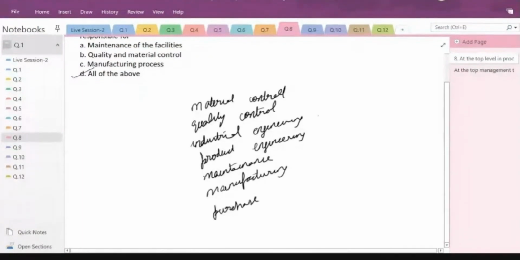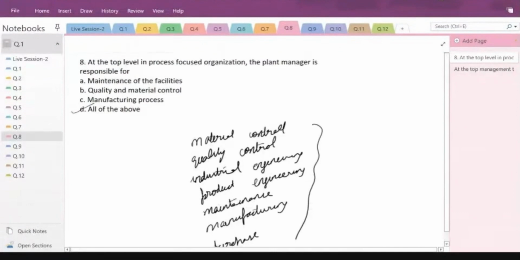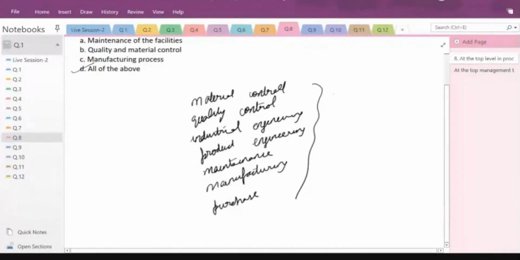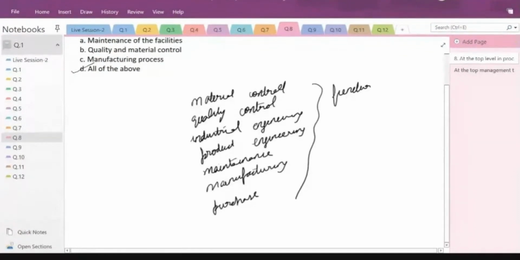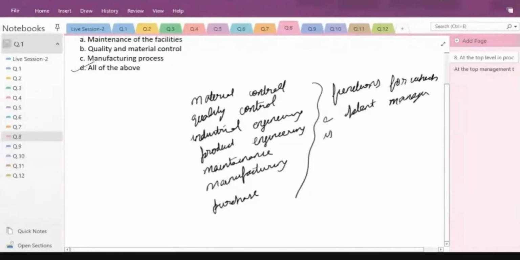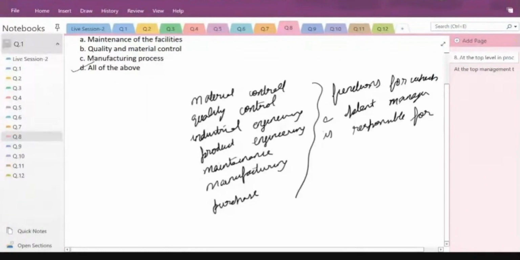These are all the functions for which a plant manager is responsible. Okay.